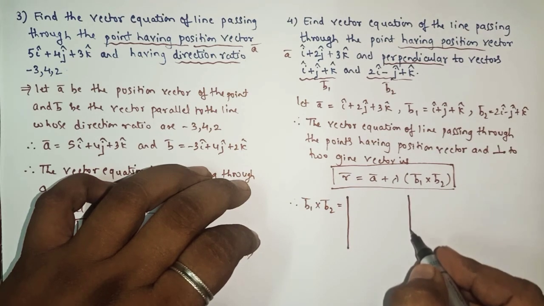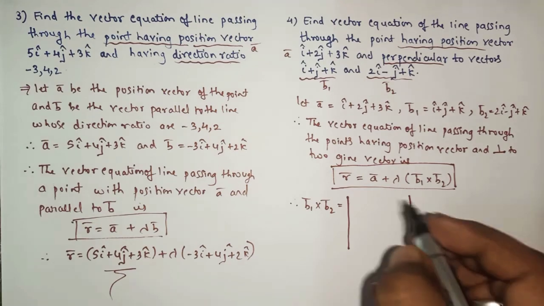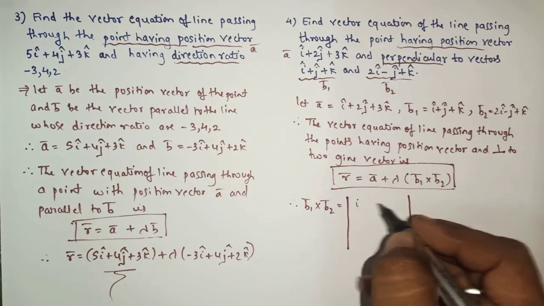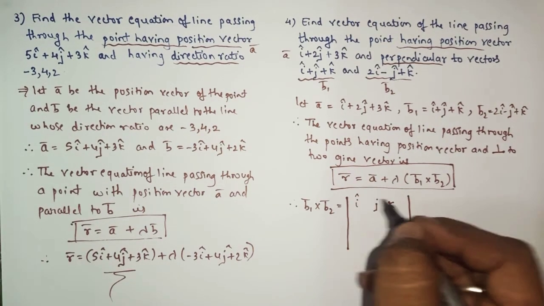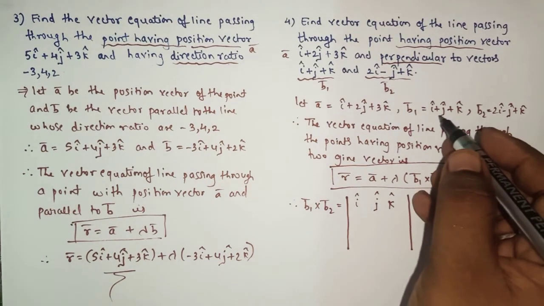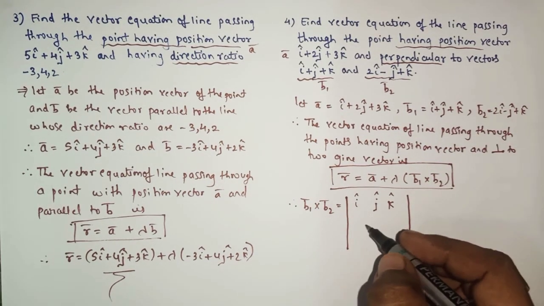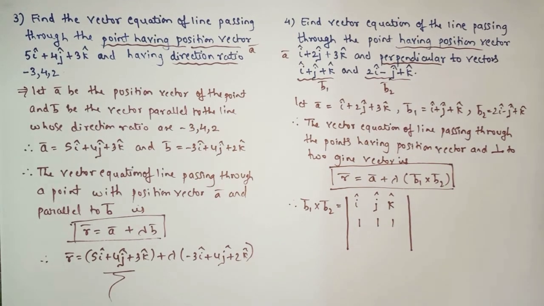Okay, we have to use the concept of determinant here. In the first row you will write i, j, k. In the second row you will write the coefficients of i, j, k of b1, so 1, 1 and 1.